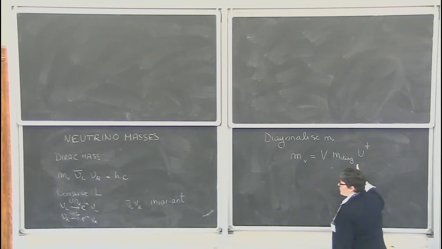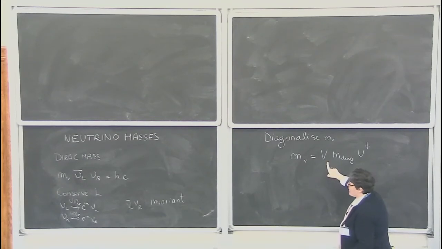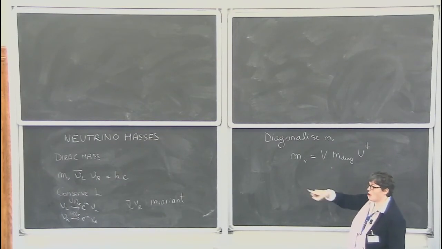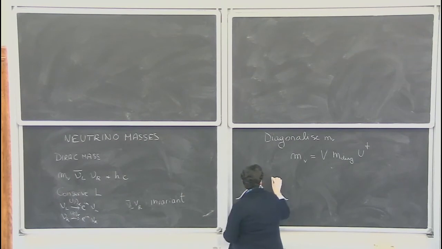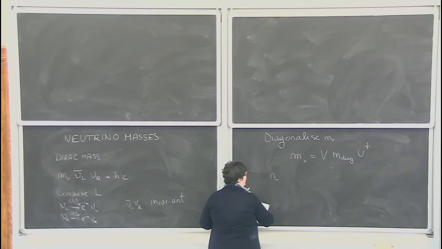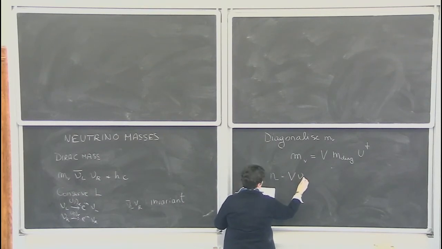And now, this term here that diagonalizes can be reabsorbed in a definition of the left-handed field. So my massive fields for the neutrinos will be V nu left.